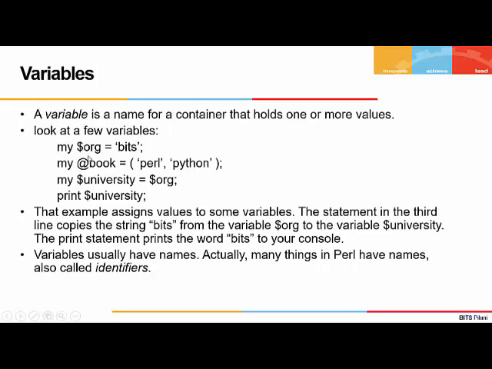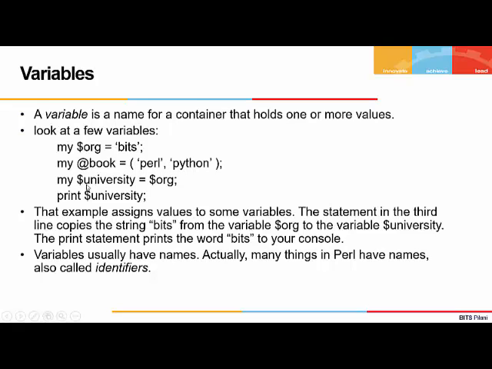Okay, and this is the variable, and we are assigning the value for that. The value bits will be assigned to our variable, and I am defining it by using my. Okay, and this is the array. So the at sign is for the array, the book, and we are assigning multiple values onto this.